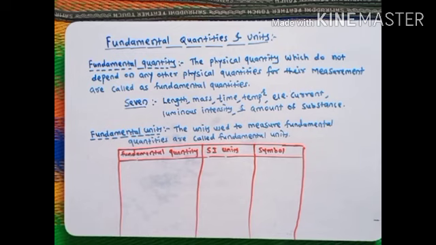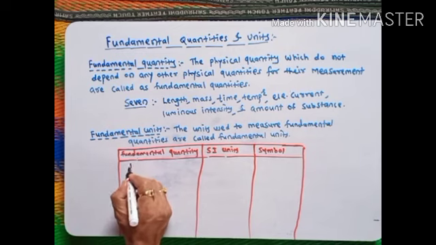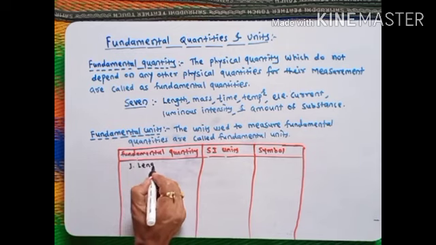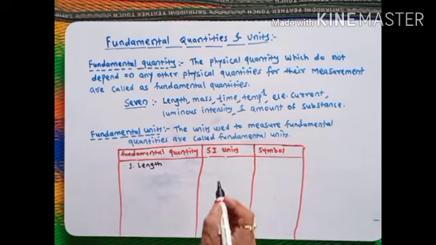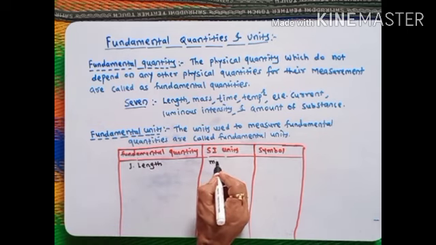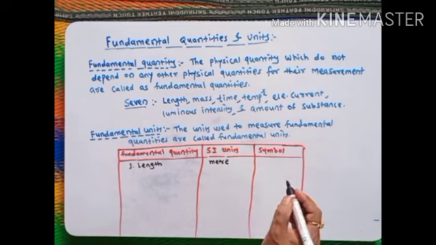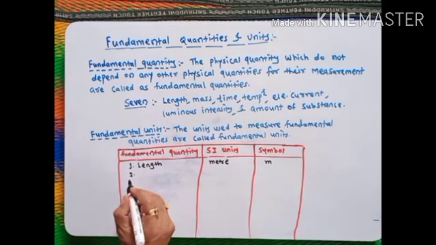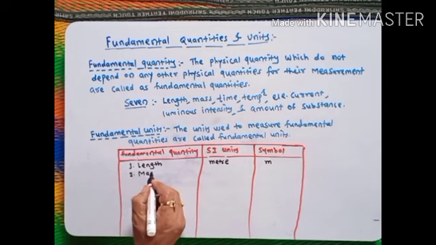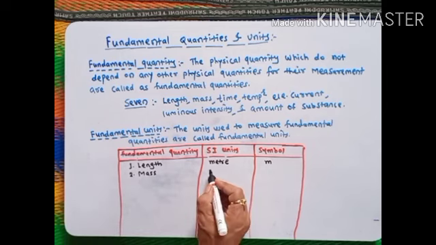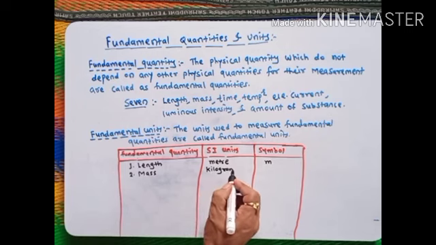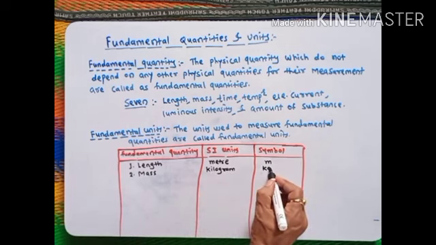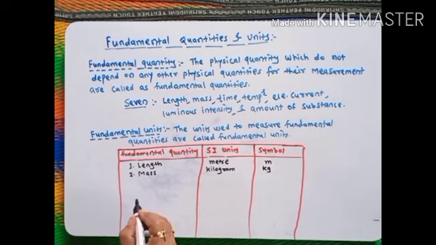First fundamental quantity is length. The unit of length in the MKS or SI system is meter, and its symbol is small m. Second one, mass. The unit is kilogram and the symbol is kg.